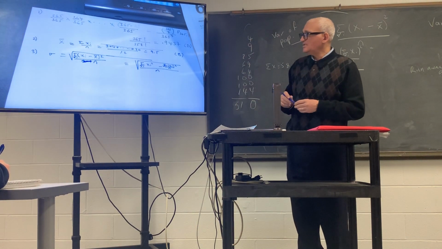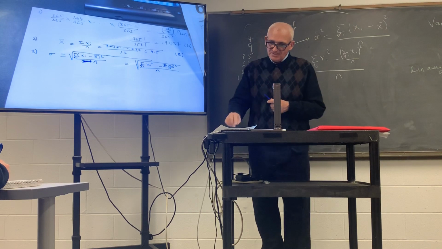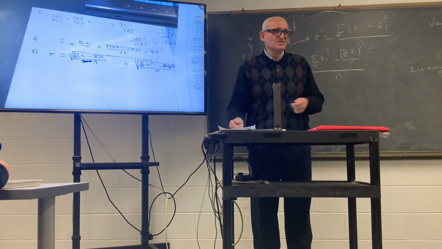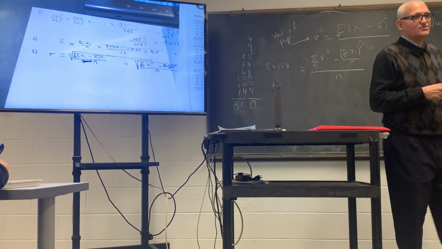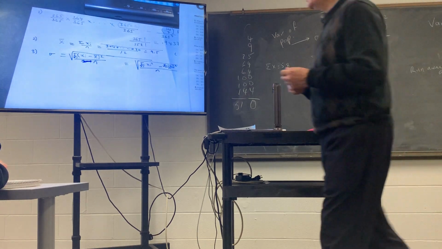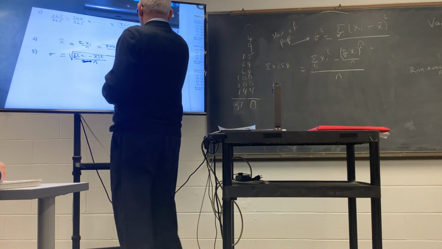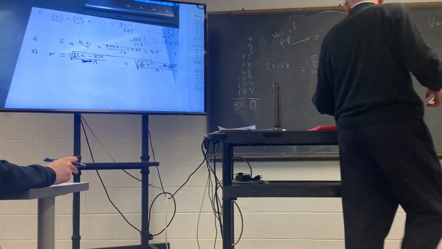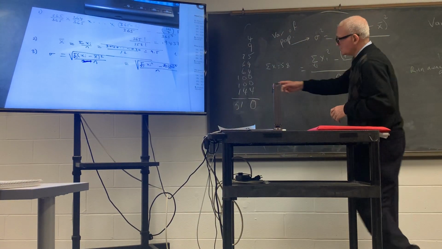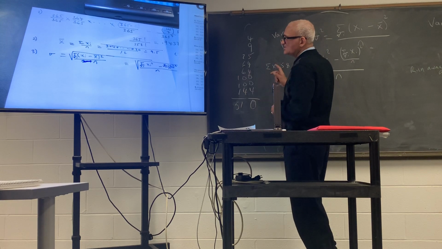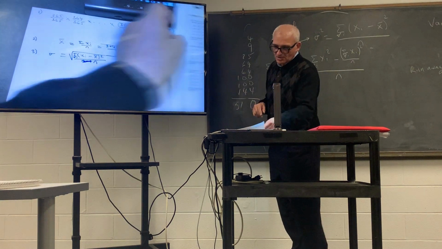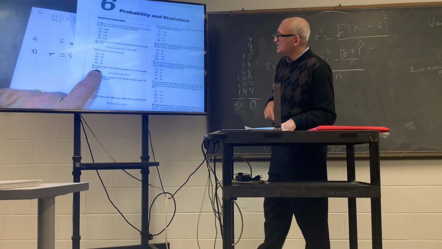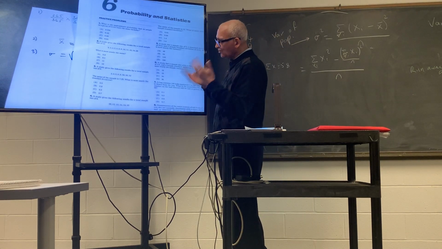Usually that will be easier, especially if the data points are integers, like most likely they will give you in the test. The squares and the summations would be integers, and at the end you can use the calculator like we did here. So 510 minus 58 squared over 8, which is the sample size, and then over 8 again.